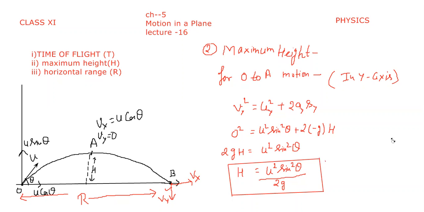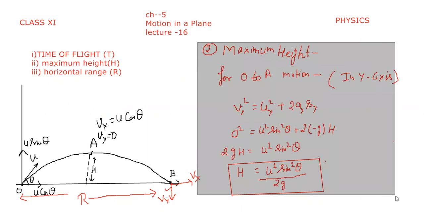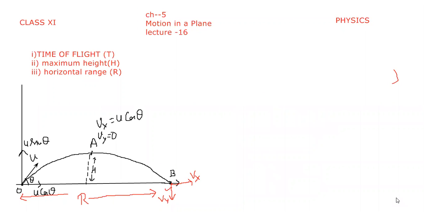If we take this formula in component form, what is the value of capital T and capital H? Capital T equals 2u sin theta upon g. We know u sin theta is the vertical component of the initial velocity.